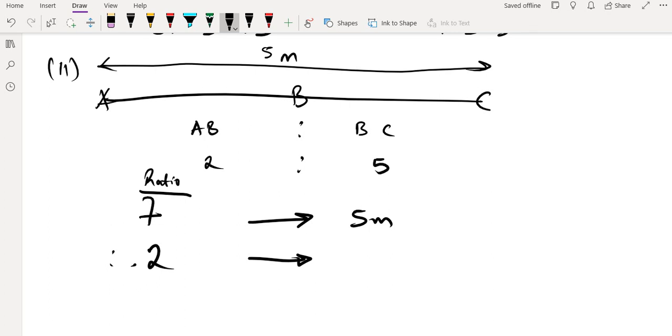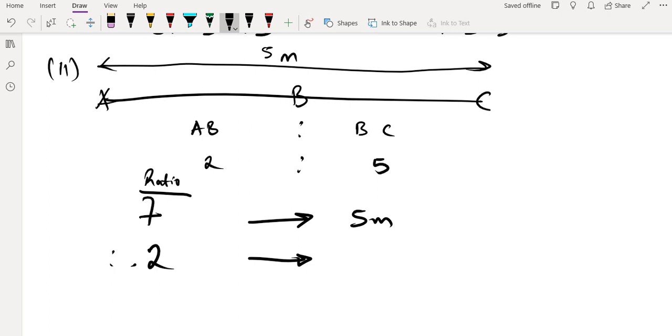Look up. You can understand what we are doing. It's proportion. The full length of this line ABC is 5 meters. So that full length also represents the full ratio, and the full ratio is 2 plus 5, which is 7. So when it is 5 meters, the ratio is 7. Now AB, which we are trying to find the length of, has a ratio of 2.